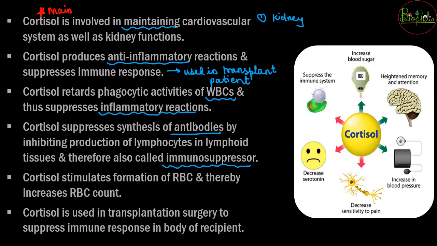It will be stimulating RBC production, and because of that it is going to increase the RBC count. So here you can understand the various functions of cortisol apart from the three, that is gluconeogenesis, proteolysis and lipolysis. Other than that, all these functions are also taken care of by cortisol.